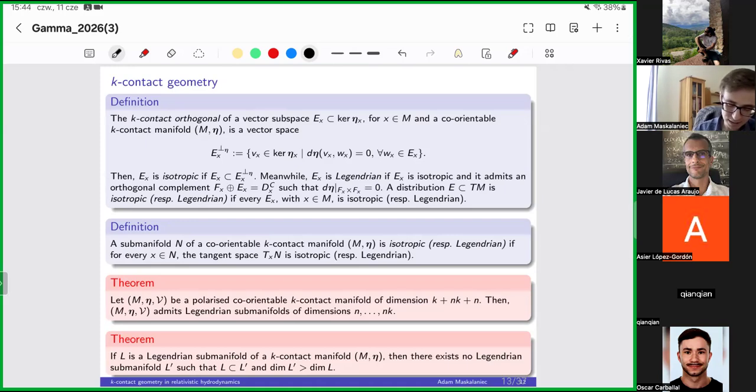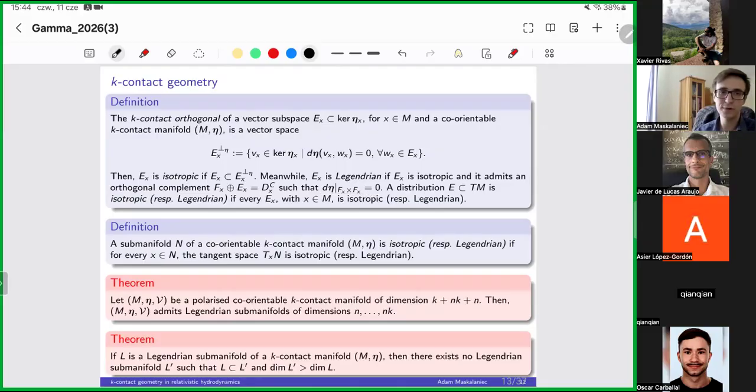So then we mimic the classic definitions, and we say that E is isotropic if it's contained in its orthogonal complement, and moreover we say that E is Legendrian if E is isotropic and it admits an orthogonal complement F such that F is also isotropic. This condition is equivalent to saying that F is also isotropic.